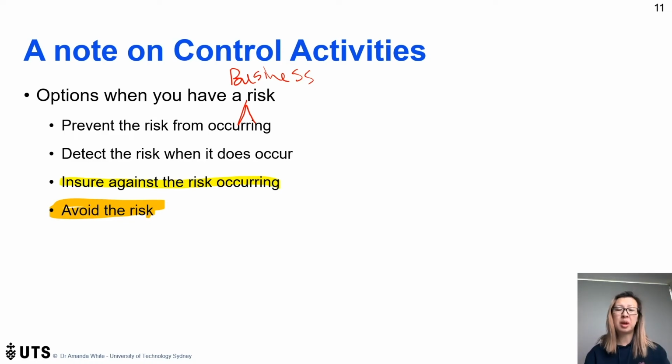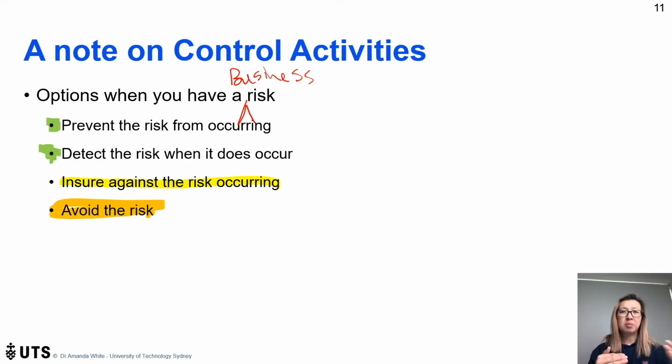From an audit perspective, we're mostly looking at internal controls that prevent a risk from occurring or detect a risk once it has occurred. So for example, when you log into your student systems, there is a control there that matches your ID to your password, and that's to prevent people from having unauthorized access into the system. You can only enroll in certain subjects. That's a control to prevent you from accidentally enrolling into the wrong thing.